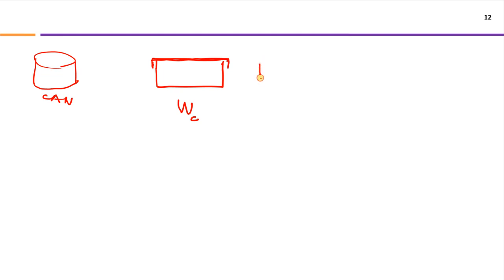Then we bring soil and we put it in this can. Suppose we have a wet soil and we are going to put it in this can. So let's suppose this is that wet soil, all that moist soil. So this is simply the can.